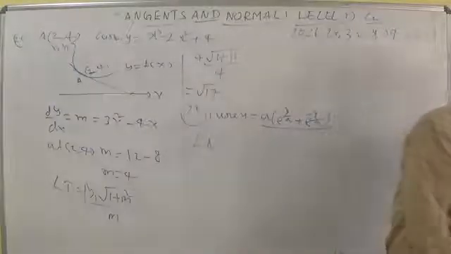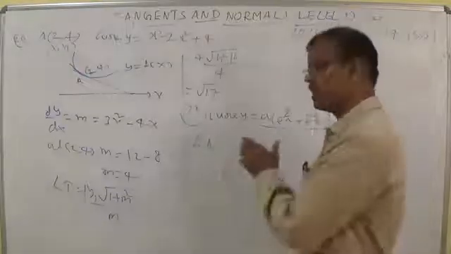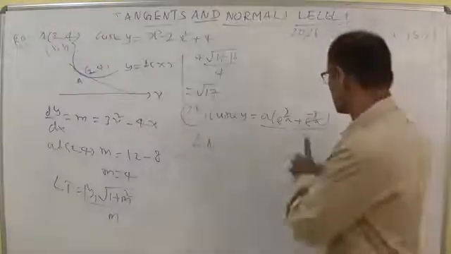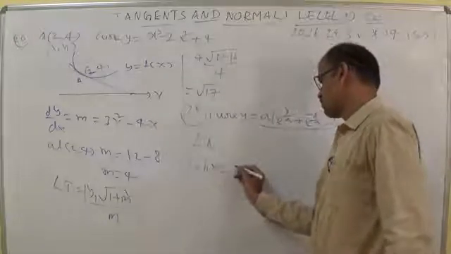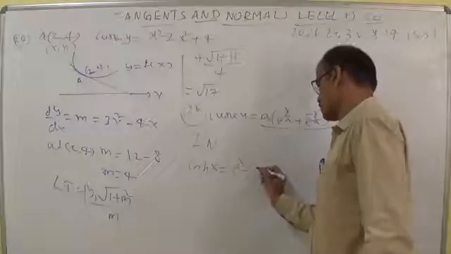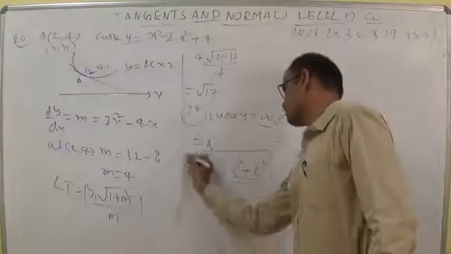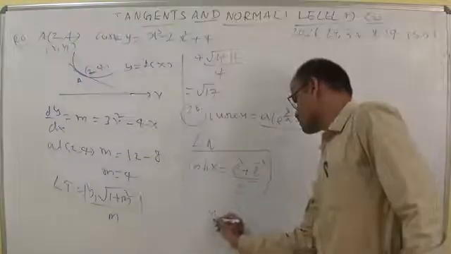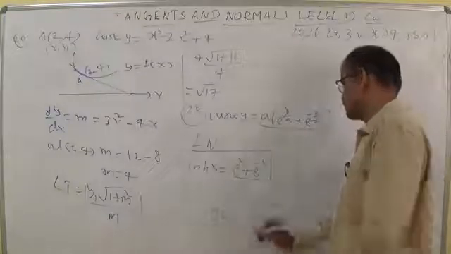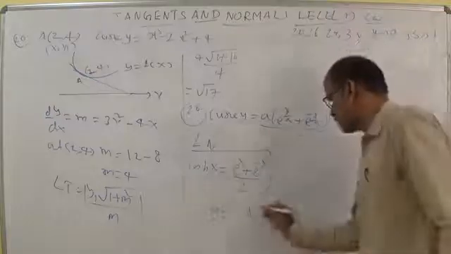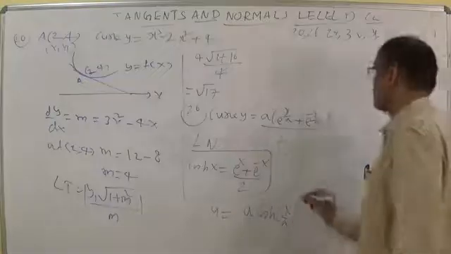While calculating length of normal, first of all you should differentiate. The curve given is cos hx by a. Let us remember the formula: cos hx is equal to e power x plus e power minus x whole by 2. So y is equal to a into cos hx by a.